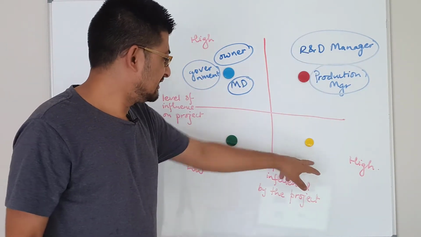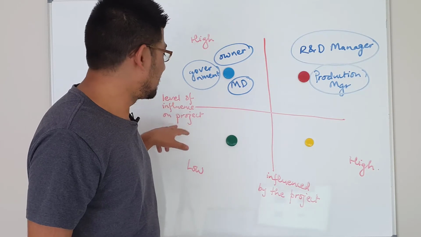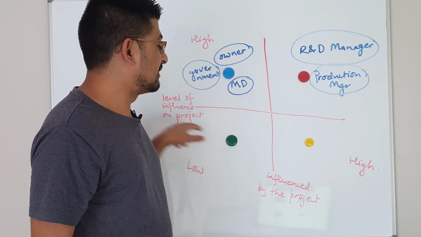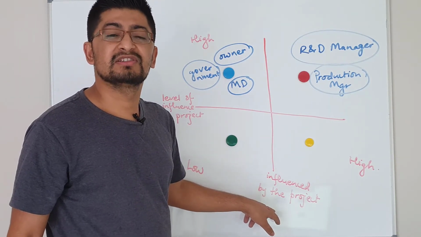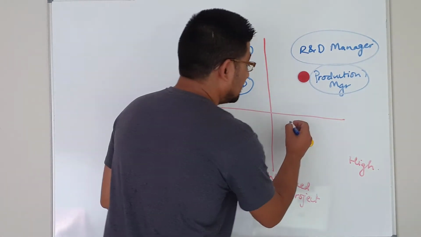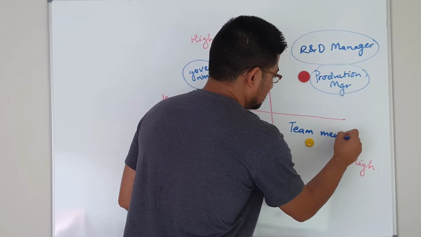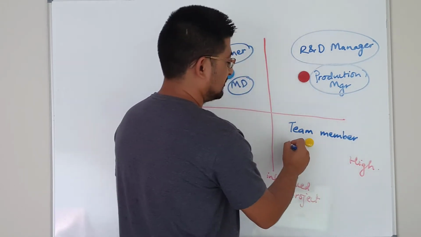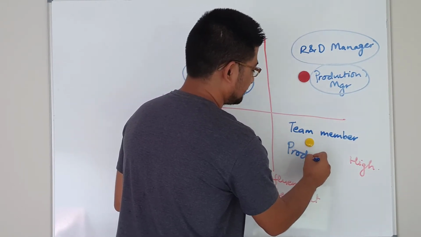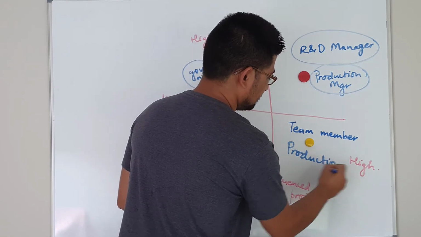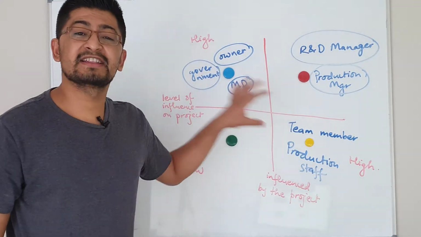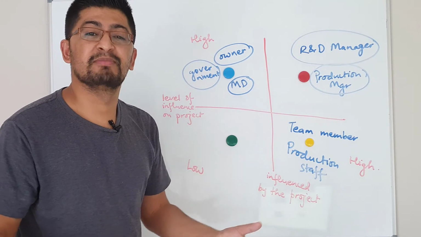And in this section, they have a low level of influence on the project, but they are highly influenced by its success. They are the team members or production staff, because ultimately they are the ones who are going to produce the product.